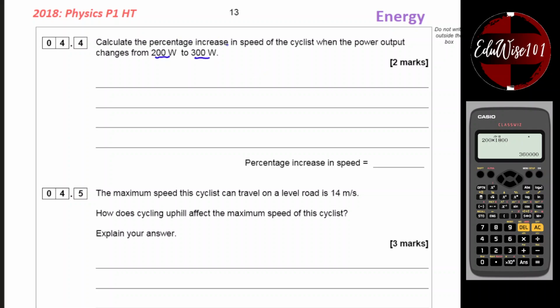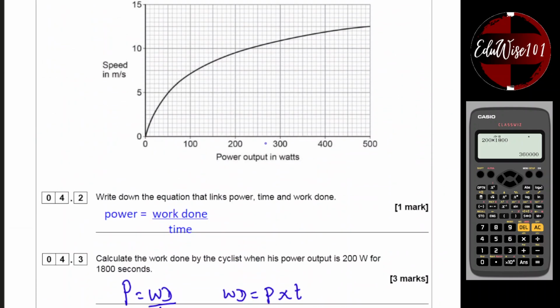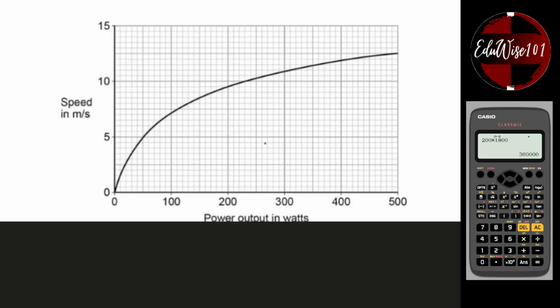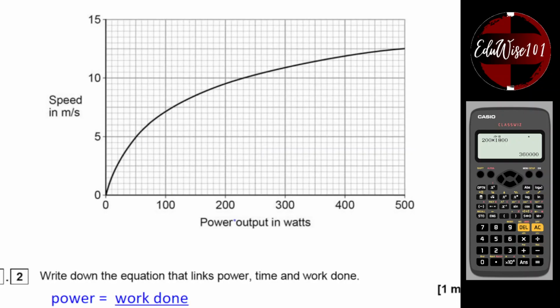So if I go back to the graph, at 200 watts, that is 9 meters per second, and at 300, this is just below 12.